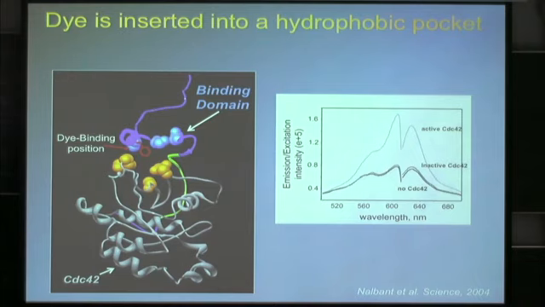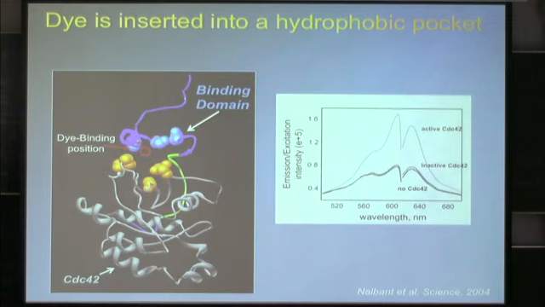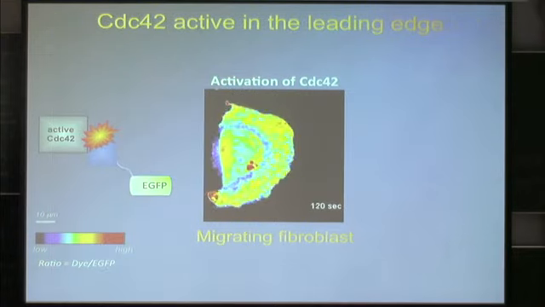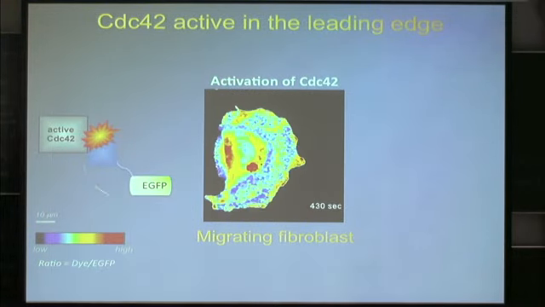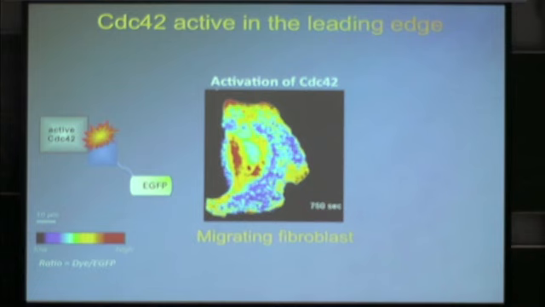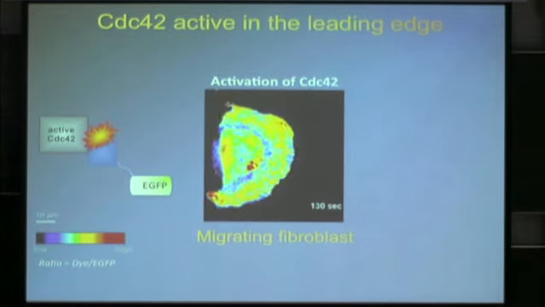So this was very nice, because it would fit the idea that the domain, if it's just in water, wouldn't have much fluorescence, but only upon binding it would change its whole environment by being more hydrophobic.